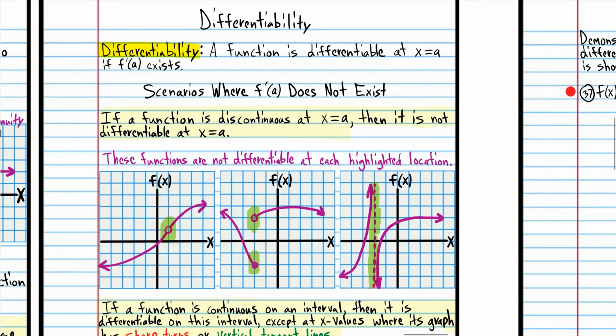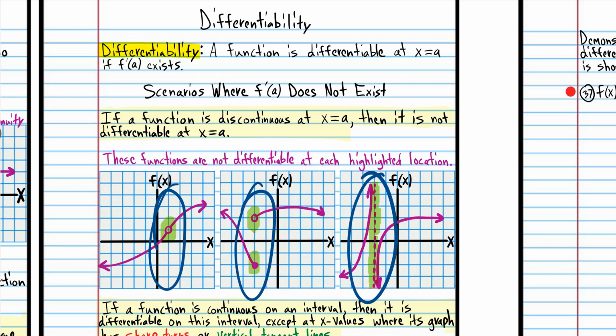It turns out that a function is not differentiable wherever you have a discontinuity. So we looked at these discontinuities on the previous page. In this first graph at the left where x equals 1, we have a discontinuity, right? So the function is not differentiable there. We can't find the derivative.